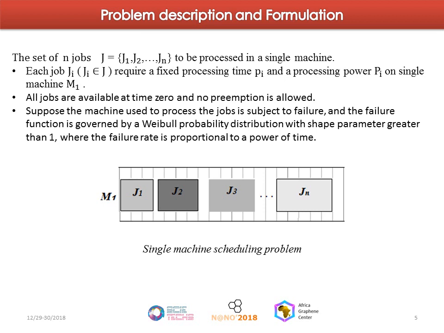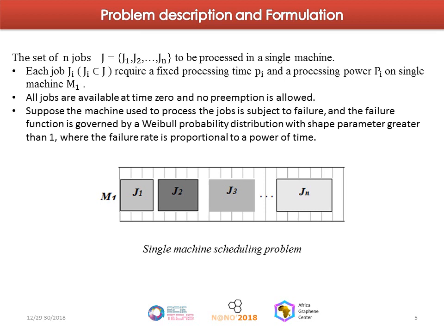For the Weibull probability distribution, it is basically necessary to perform PM during production in order to reduce the risk of unexpected machine failure. Thus, in this presentation, PM can only be performed before starting a job or after finishing a job.